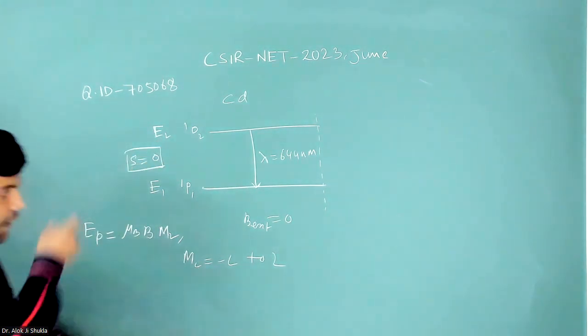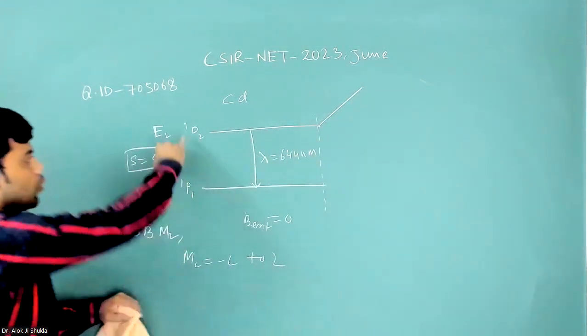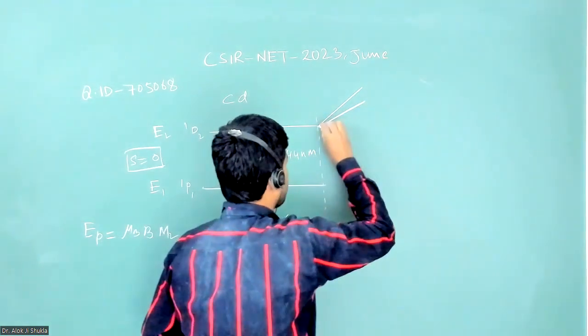It means this level will be split into 2J plus 1, or 2L plus 1, that will be 5 components.